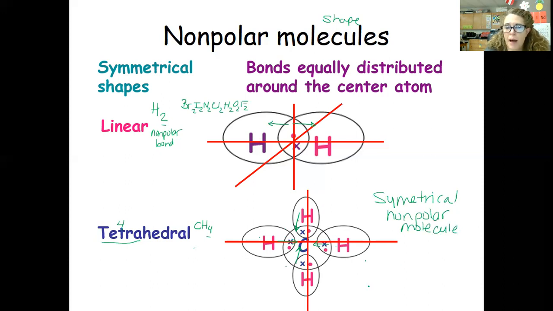Now let's look at the bonds. If I have carbon and hydrogen bonded together, these have polar bonds. All the ones that are nonpolar bonds will also be nonpolar molecules because of the shape, just the way they are designed.